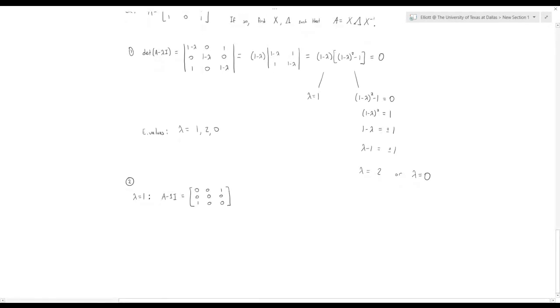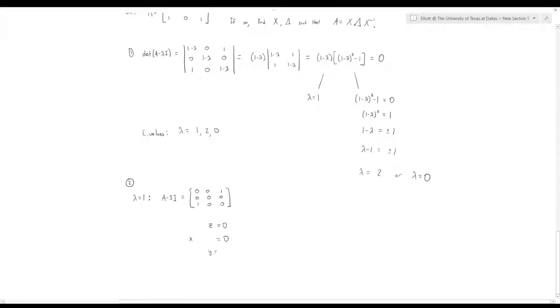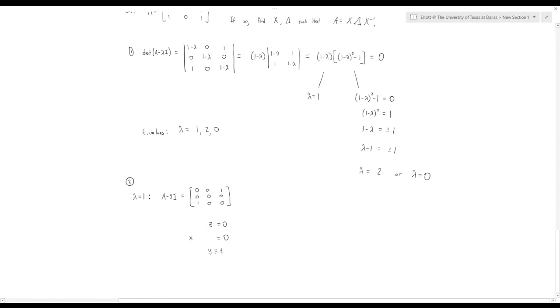Okay. So this matrix is already pretty much reduced, if you will. So for the null space, if I just take these two non-zero rows, this first row gives us an equation like z equals 0. The third row gives us like x equals 0, if you will. So in this case, x and z are 0, and then y is going to be the free variable this time, since the second column is missing a pivot.